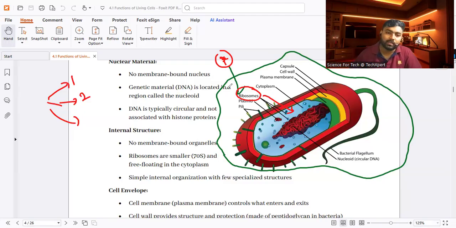Then how can you remember all these things? You have to just remember that ribosome doesn't have any membrane, and nucleus, mitochondria, and chloroplast have two membranes and all the rest have one. You have to remember only four organelles.